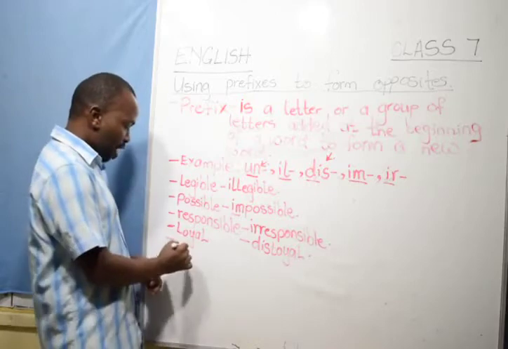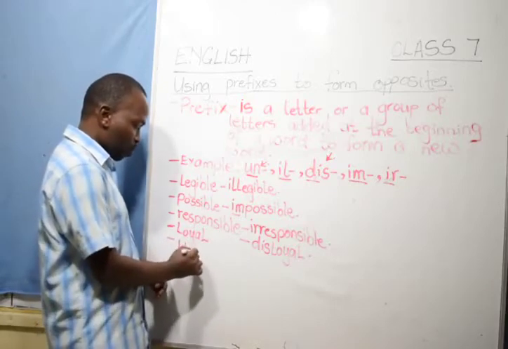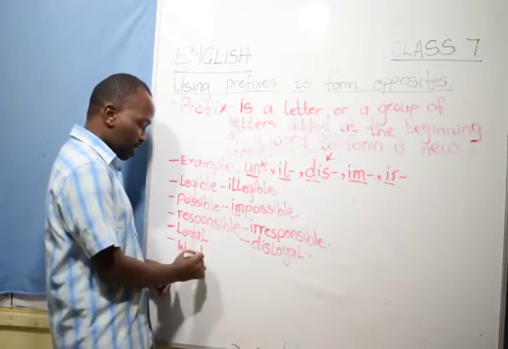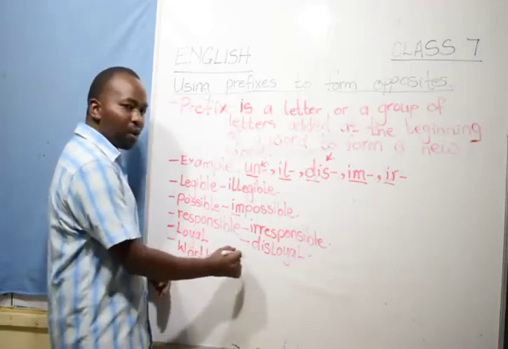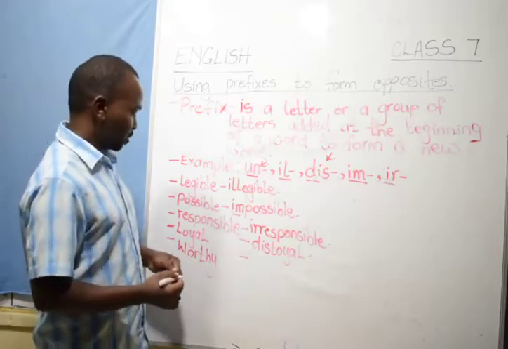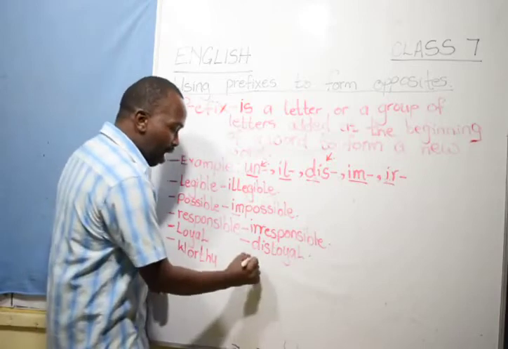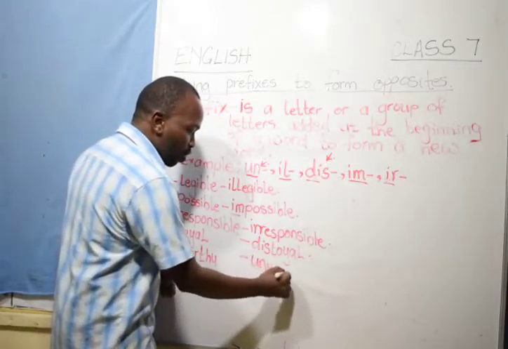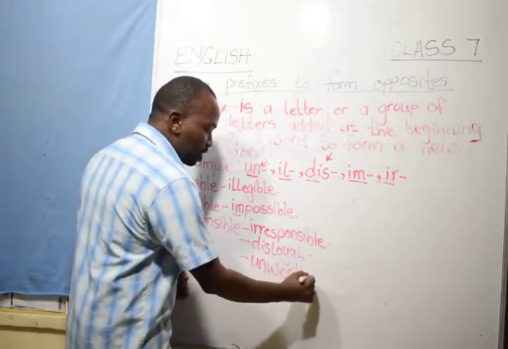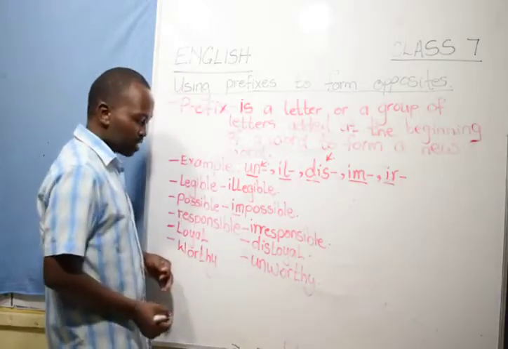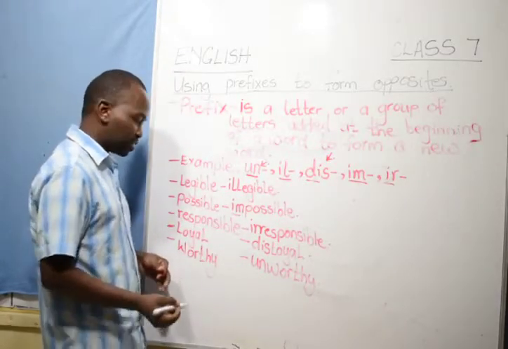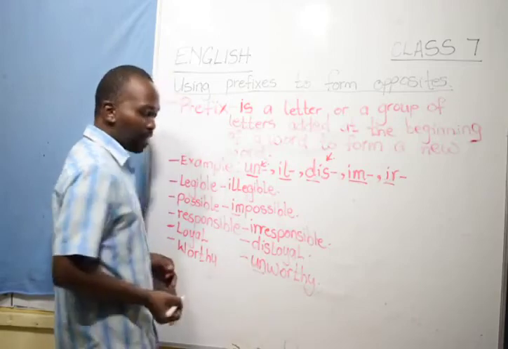We have the word worthy. So, if you are not worthy, we shall say you are unworthy. Or an item is not worth the amount of money you have paid for it. You say it was unworthy.